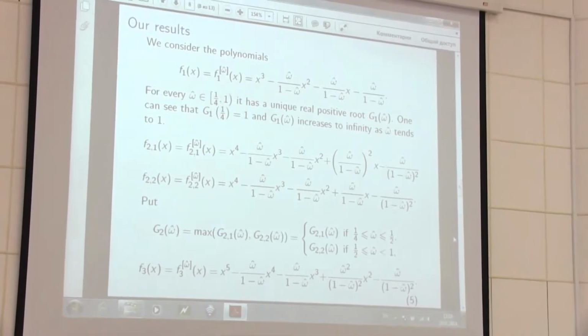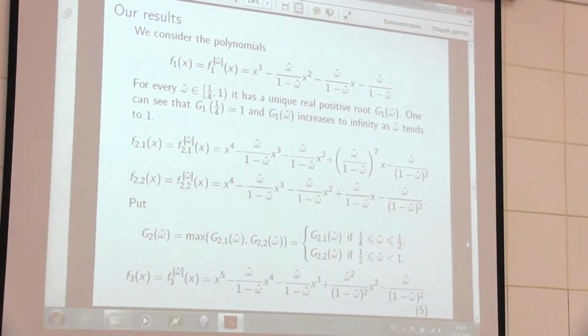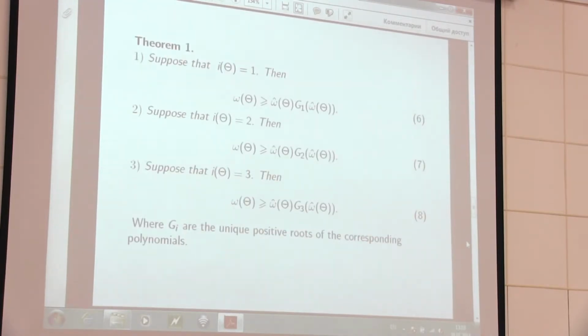And we denote the unique positive root of the polynomials by G1, G sub 2,1, and so on. And here are our results. If the index equals 1, we have the first inequality. And we have similar inequalities for the cases 2 and 3.